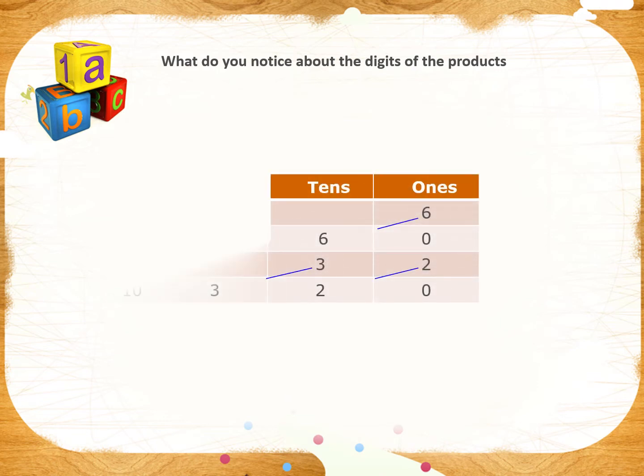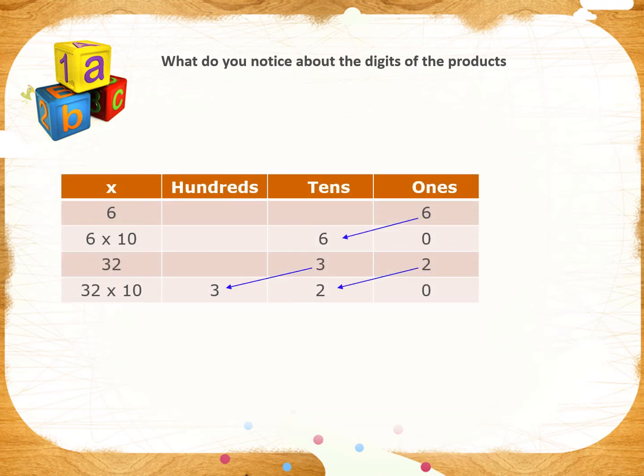Children, let's see the next one. What do you notice about the digits of the products? See this table. They have ones place, tens place and hundreds place.